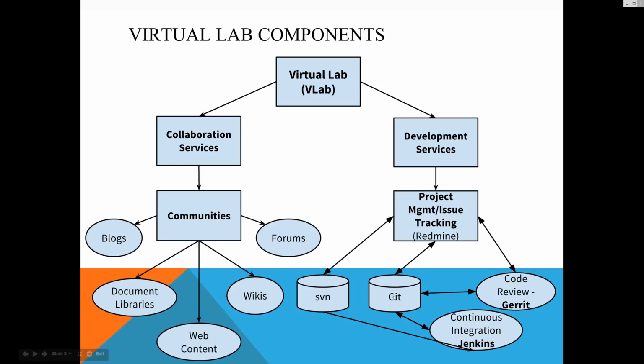The two that we are supporting within the VLab are Subversion and Git. Git is a distributed CM system, and that is what's being used with AWIPS 2. Subversion is being used by NSUP, so if you're doing something with NSUP, most likely you'll use Subversion, but we support both.